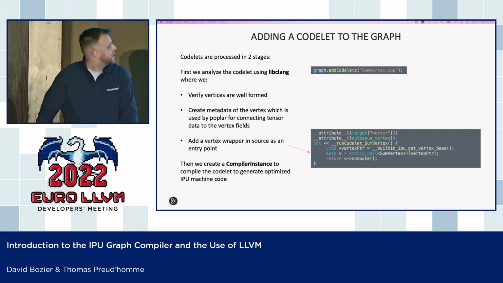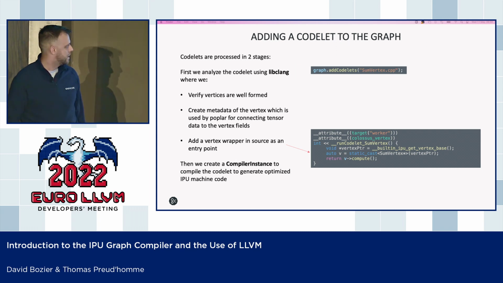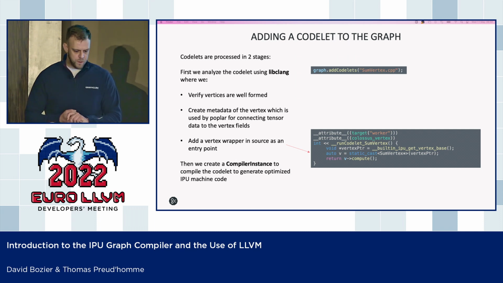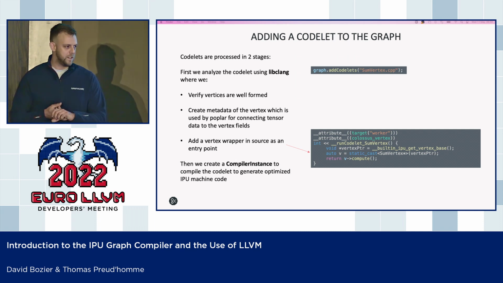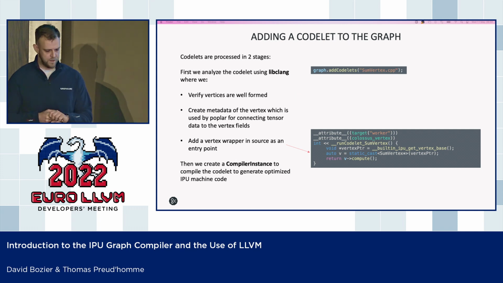So there are two things that happen when we add a codelet to the graph. The first, we need to do some analysis on the codelet. We do that using libclang, and we use recursive visitors to go through the vertex fields. We do a number of things. We verify that the vertex is well formed, so the compute signature has to be correct.